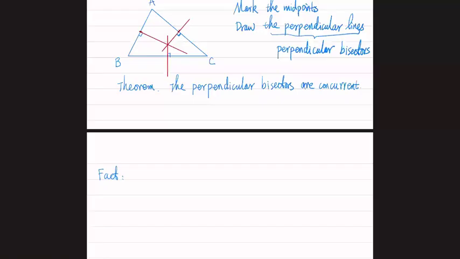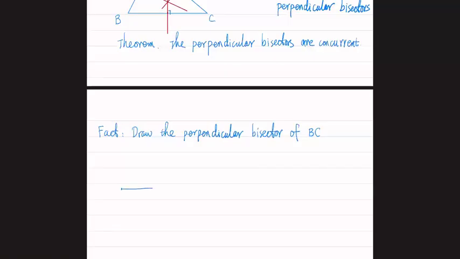Given a segment, draw the perpendicular bisector of segment BC. Okay, I will recreate the picture. I have a segment here. I will find the midpoint, draw the bisector.